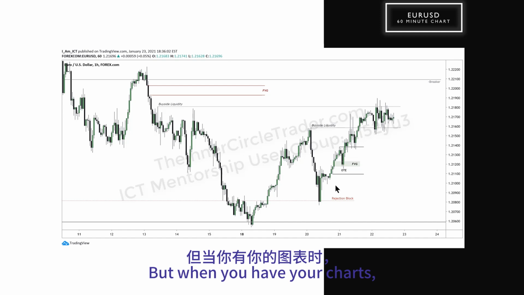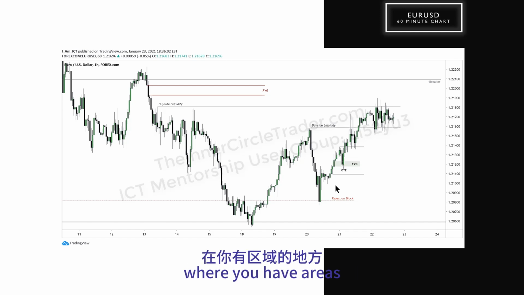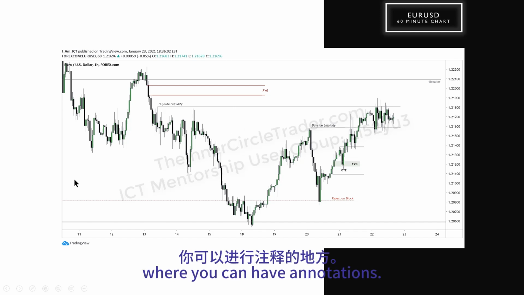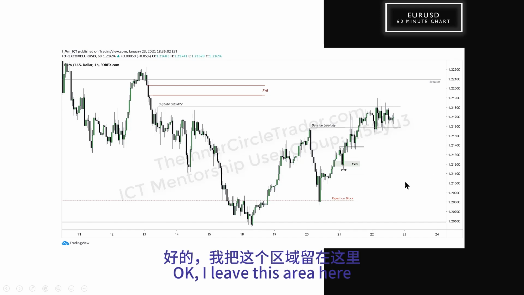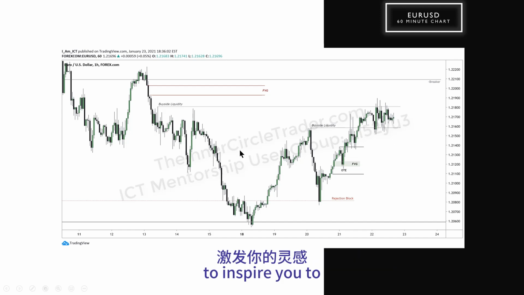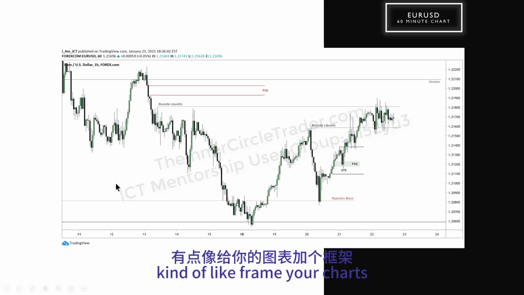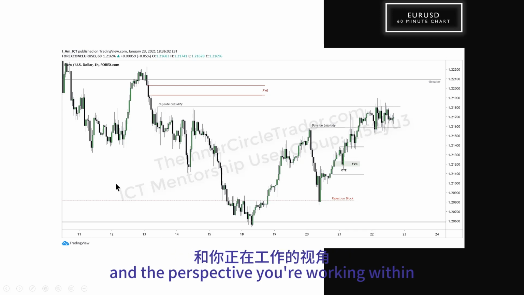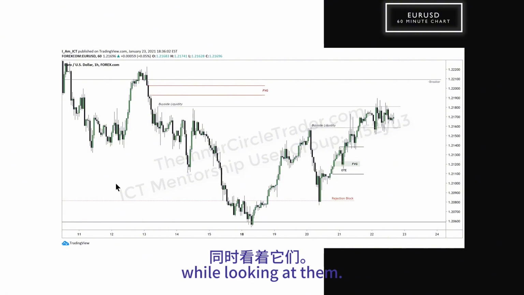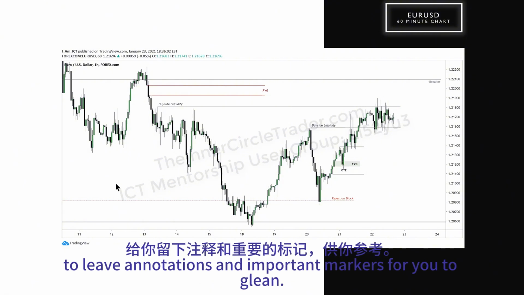But when you have your charts, you want to have them set up in a way where you have areas where you can leave annotations. Okay, I leave this area here to inspire you to frame your charts and the perspective you're working within while looking at them. It leaves room for you to leave annotations and important markers for you to glean.